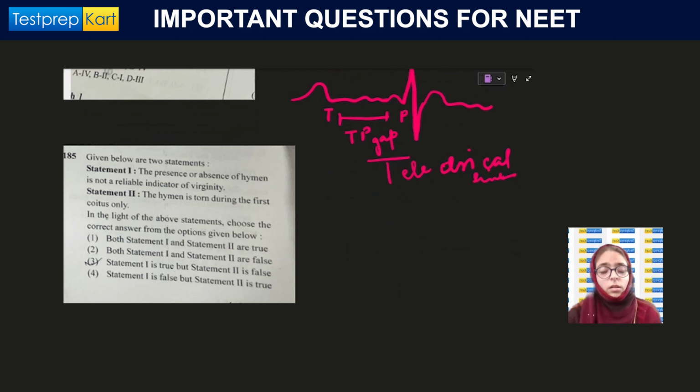We know that in the reproduction part, we have already discussed what the hymen is and what factors can indicate virginity. We all know that virginity does not depend only on the first coitus. The hymen can be torn by a few more things, like menstrual cups and a few physical exercises.